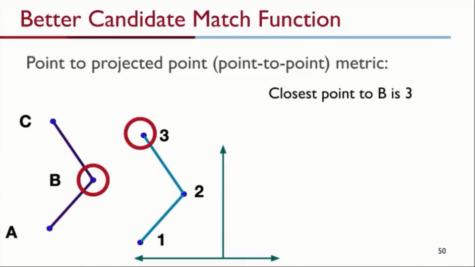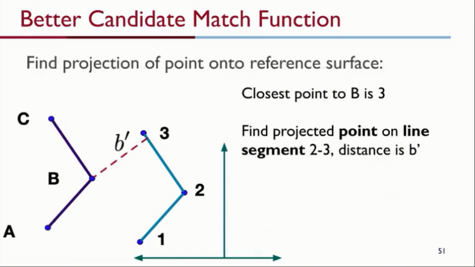A better metric function would be to use what's called the point to projected point or point to point metric. How this works can be shown through the example. For example, the closest point to B is going to be the point 3.